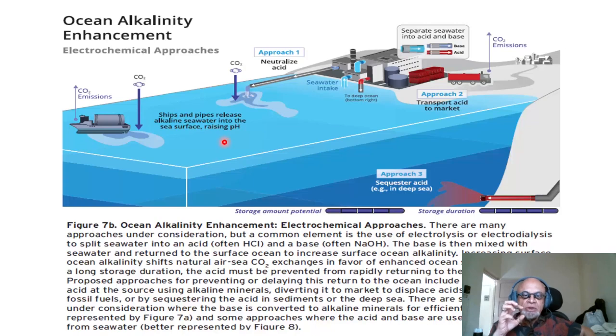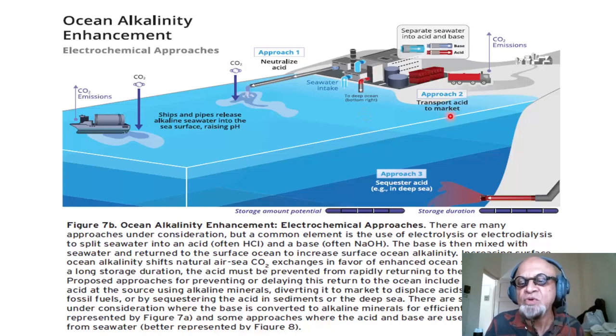We can use that natural ability to bring down or raise pH and then absorb CO2 to balance the pH. So neutralizing acids are put in here. So this is approach one, separate seawater into acid and base. There is a seawater intake system, and you release it back into the deep ocean in the bottom right.